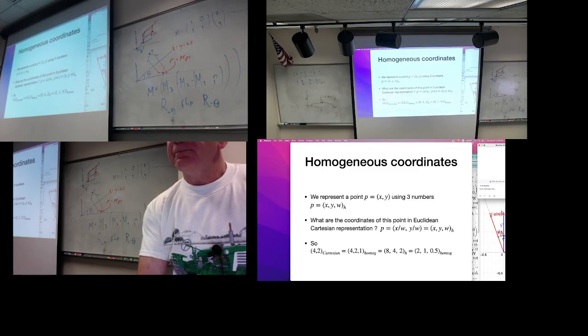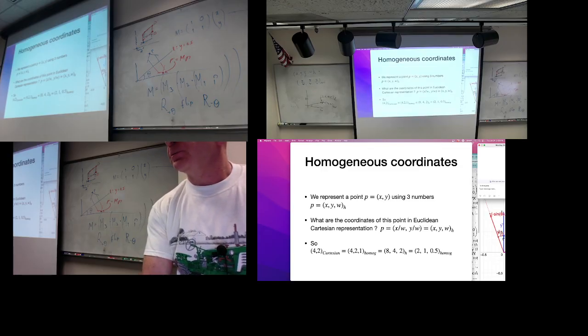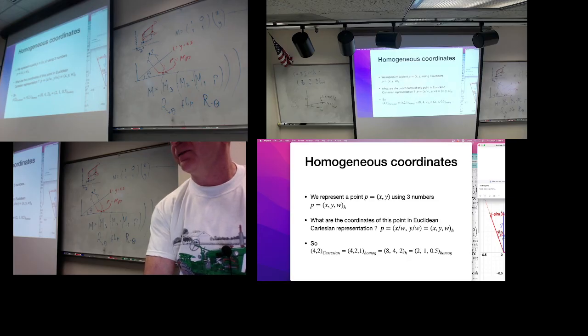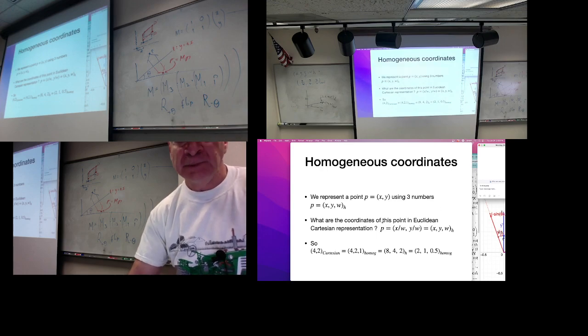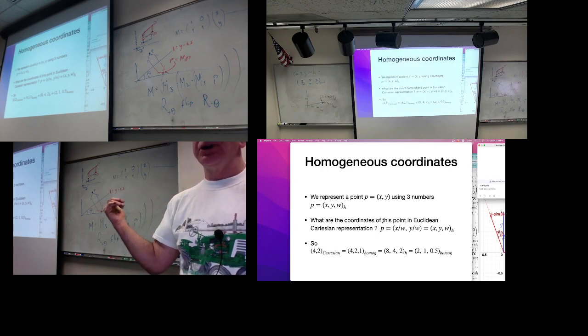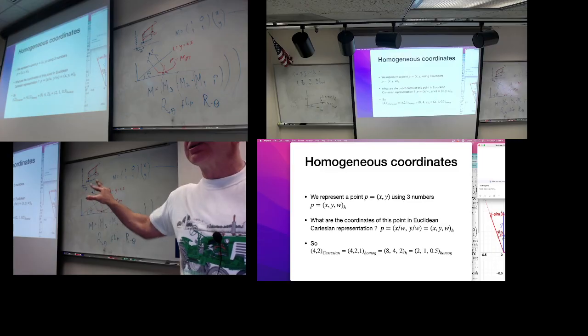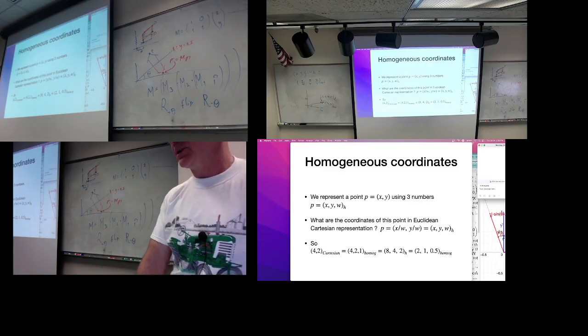Now, remember my big goal was to be able to express translation via matrix multiplication. Everybody is cool with the homogeneous coordinates? As much as you can be cool if that's the first time that you see it.